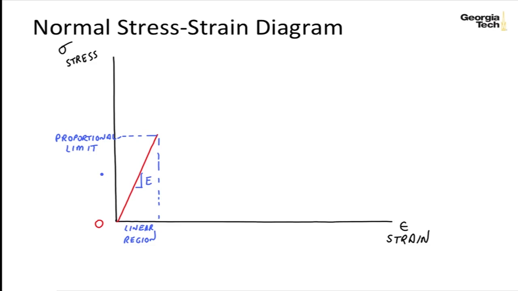Beyond the proportional range, we start to see we go into a small nonlinear range where there's no longer direct proportionality, but we're still in an elastic region where we continue to recover all of the displacement that takes place. And so this again is the end of what we call the elastic region.